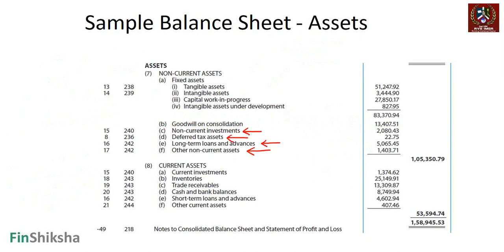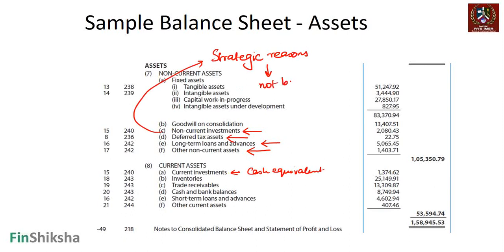Non-current investments, in contrast to current investments, which were effectively kind of cash equivalents, are those investments which are made typically for strategic reasons, right? So strategic investments are there. What is typically going to happen is such investments will not be sold, right? Take an example.